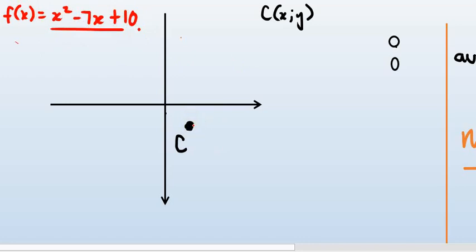Let's say you just made another point and the point is here. Now, let's call C according to the equation. C will be x is to f of x.